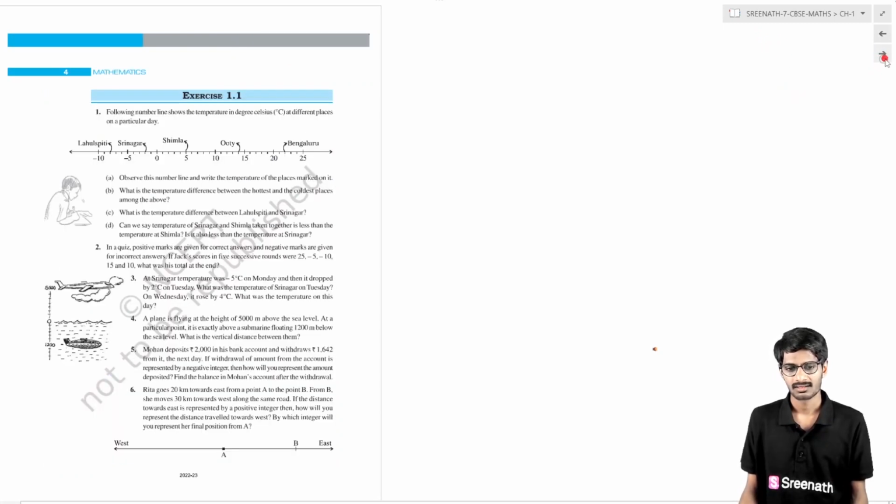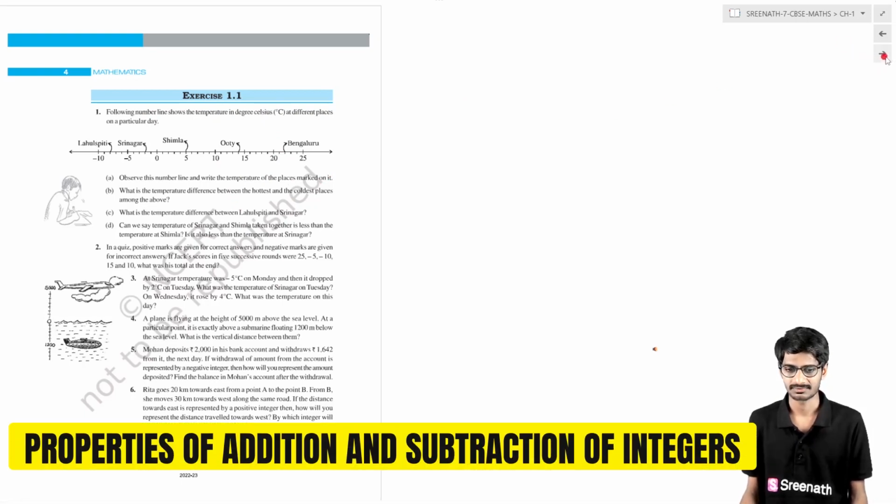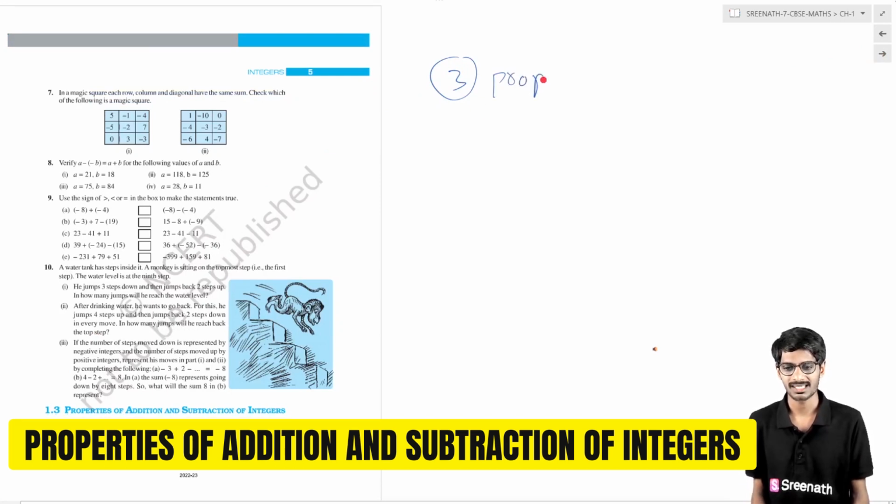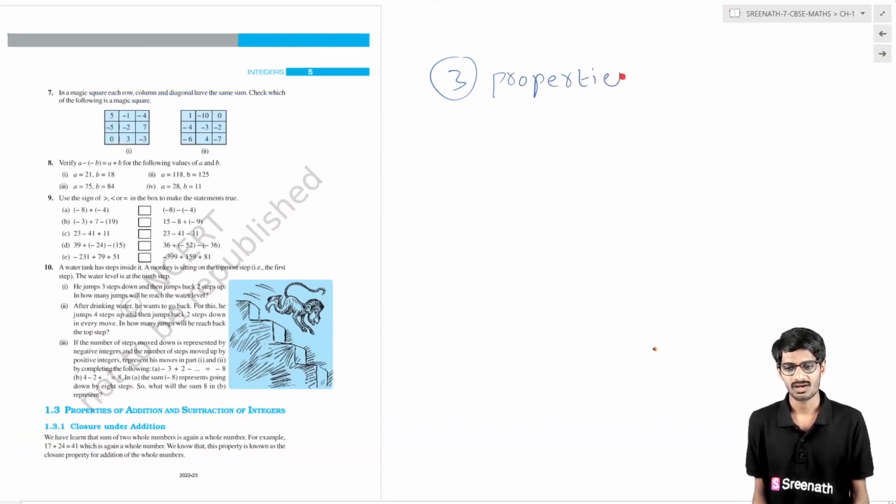After that we have to do this exercise to strengthen the concepts we learned in class 6. After that we are entering into the third topic, which is properties of addition and subtraction of integers.